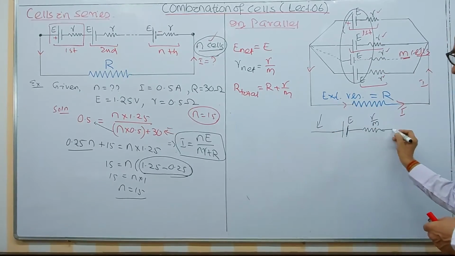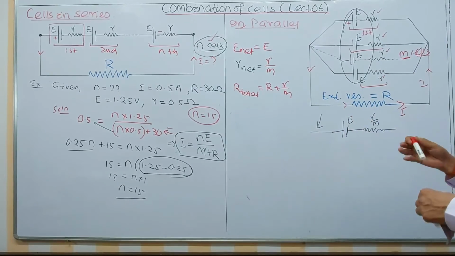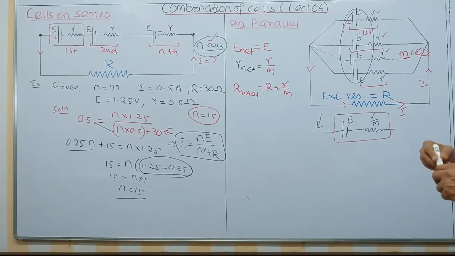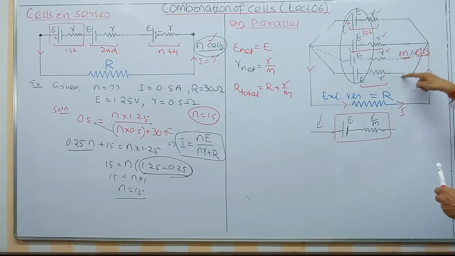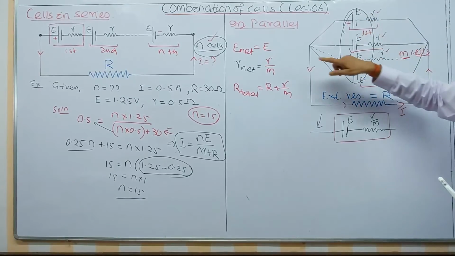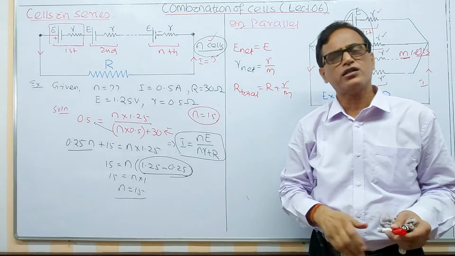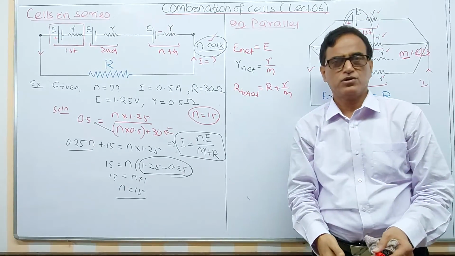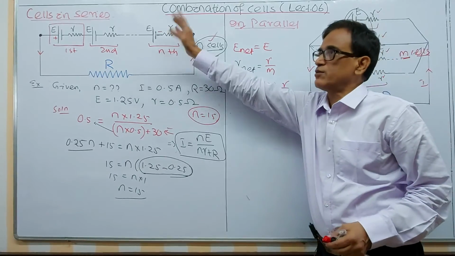Now this is the parallel effect of that resistance. I think you are now able to follow this. If you remove all these things, what will be the net EMF? Net EMF is E, because in parallel there is no change in EMF. In parallel, the voltage remains the same. Since that was in series, the voltage is divided.